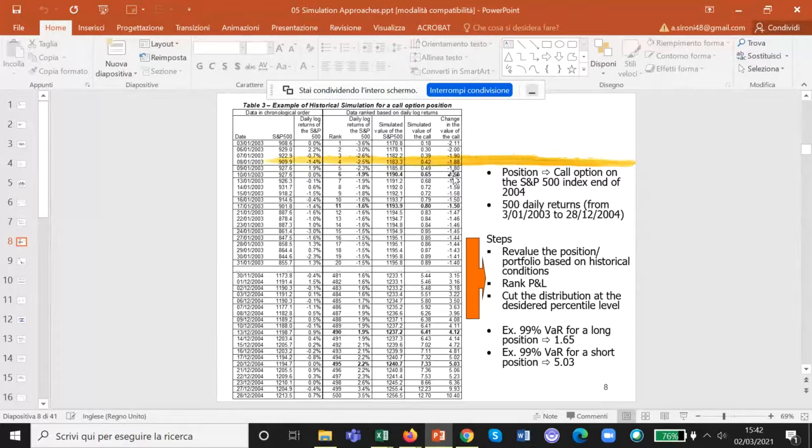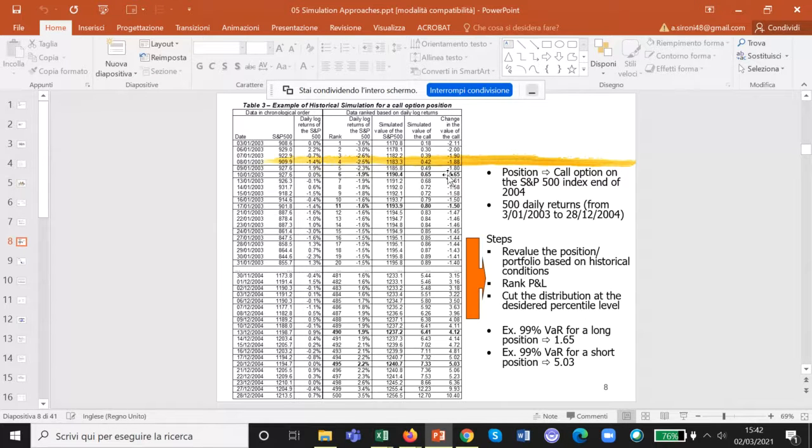Therefore, my value at risk with 99% confidence would be 1.65. Why 1.65? Because in that sample of 2 years of daily returns, I would have lost more than 1.65 only 5 times out of 500.